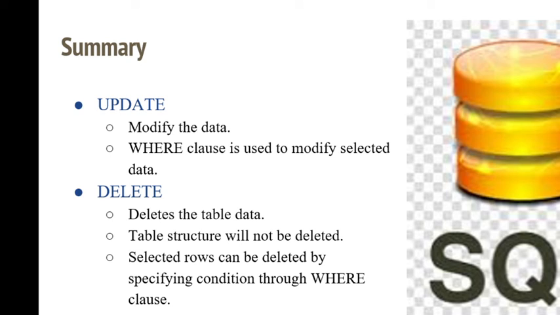For modifying selected rows, you can use the where clause. Similarly, for deleting selected rows, you can use the delete command with the where clause. The delete command deletes only the data in the table. The table structure will still be there.